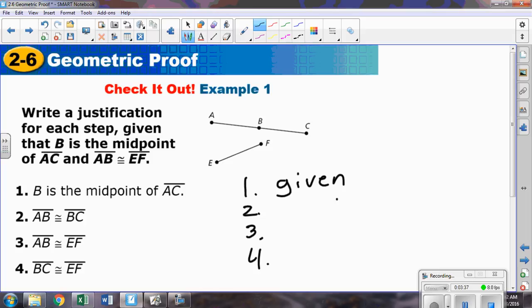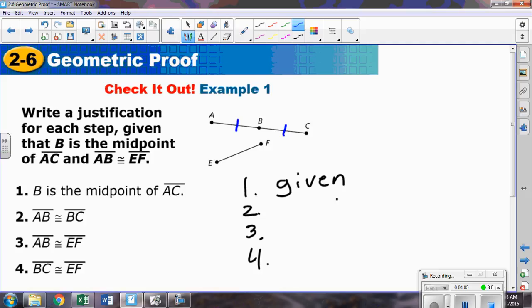Okay, step 2 then. Segment AB is congruent to segment BC. Why? Why do we know that those two pieces are the same? One of the things you want to keep in mind, of course, is that each line we would like to tie into the one from before.